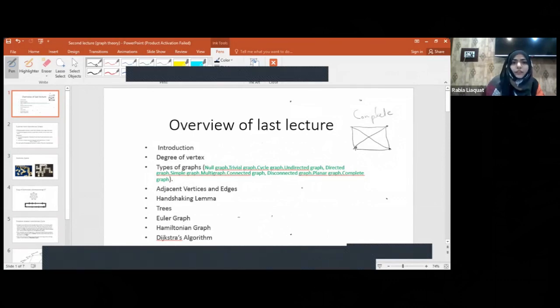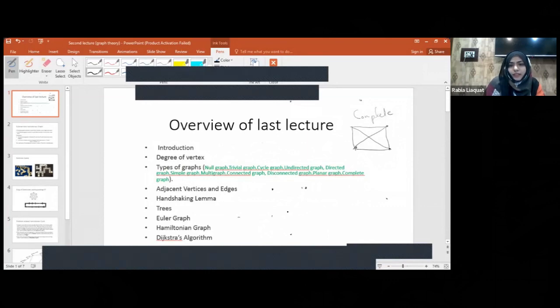Right? Next, adjacent vertices and edges. What are adjacent vertices? For example, we have a graph like this with vertices A, B, C, and D. A and B are adjacent vertices because the very next vertex is B and both are connected.